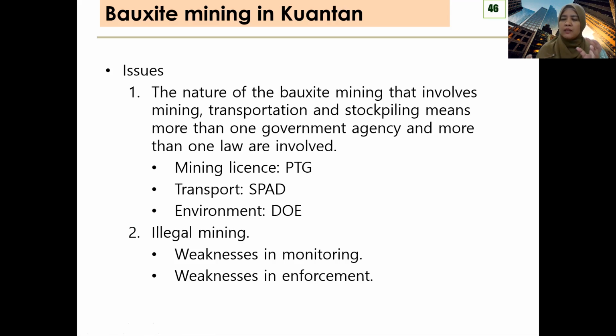Power play means each department has their own objective, their own KPIs, for instance, kan, which may contradict other departments' objectives and also KPIs. So in this case, mining license boleh diberi, tak ada sebab untuk tak diberi, but at the same time it causes problems to another department, which is the DOE, because ada environmental pollution.